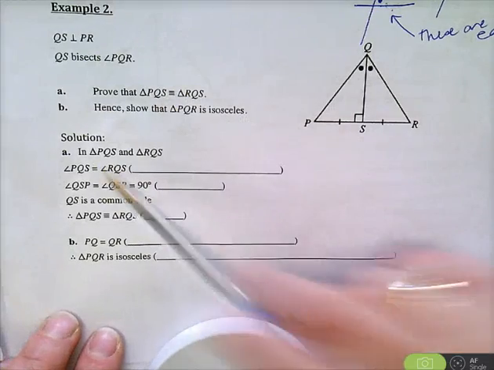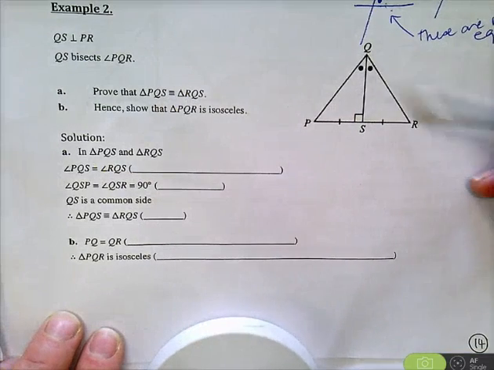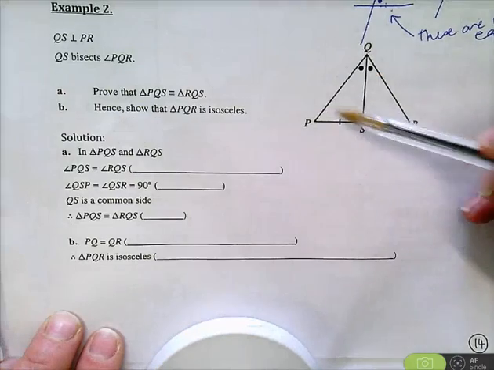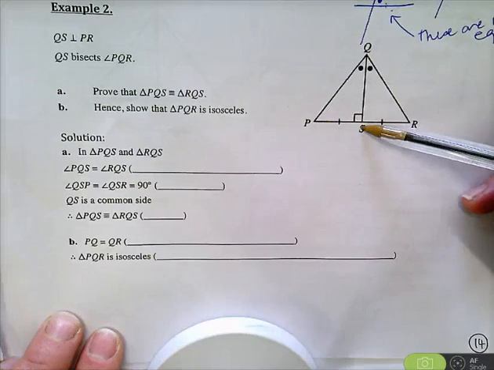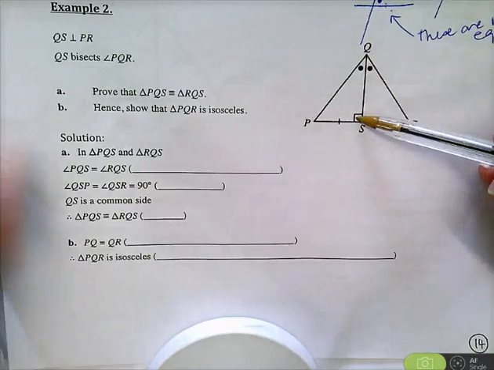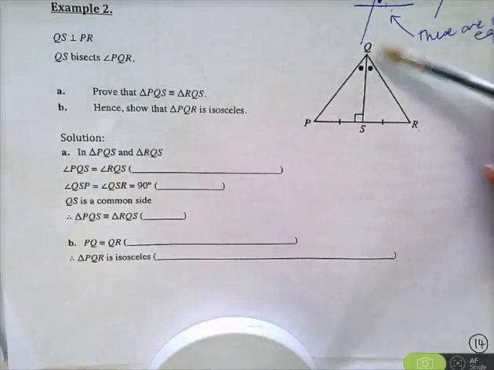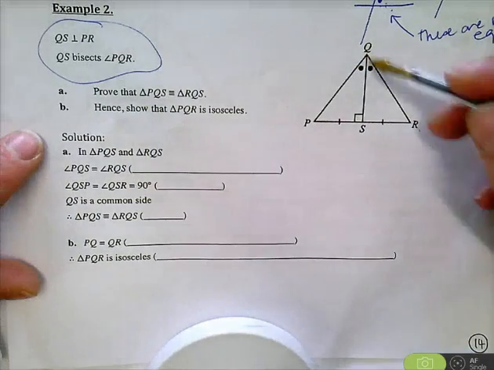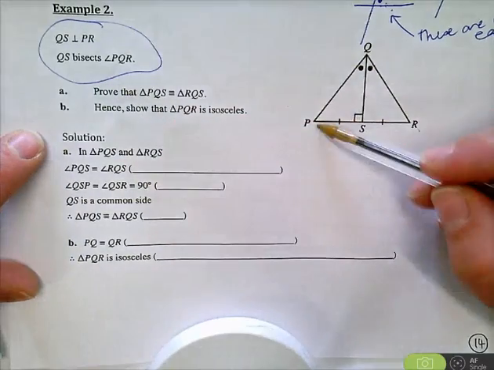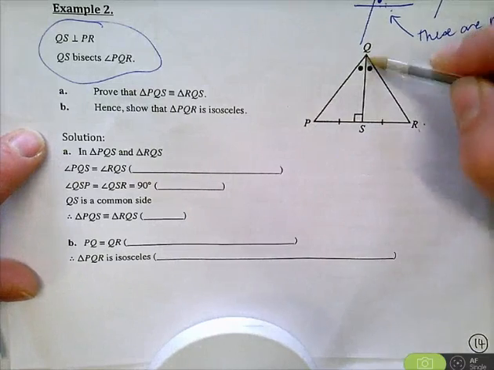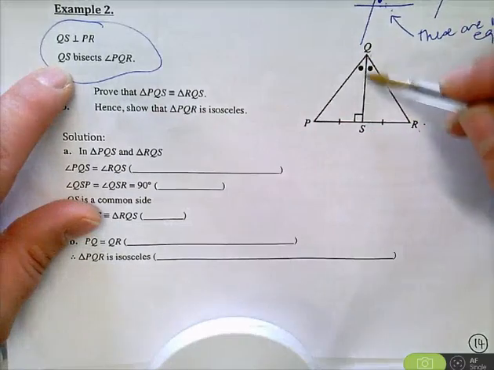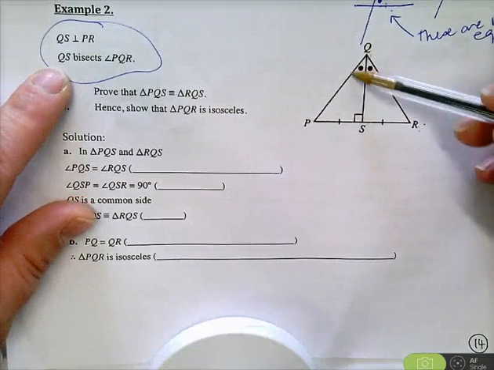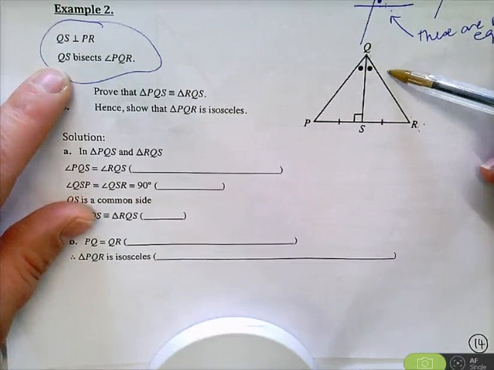Okay, so let's go. In triangle PQS and triangle RQS, angle PQS equals angle RQS. Reason: I know there's markings on the diagram, but read up here. QS bisects angle PQR, meaning that this line, QS, is a line or an interval, and it cuts angle PQR in half.